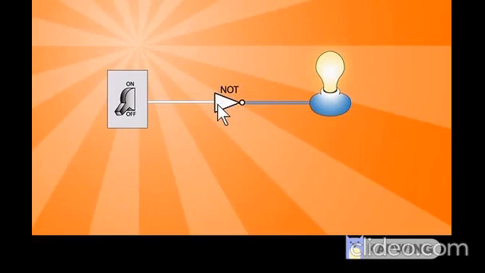So you can see over here, if the switch is off, the bulb turns on, right? It is opposite to that of the usual case. When the switch is on, the bulb is off. So it makes the change different, opposite.